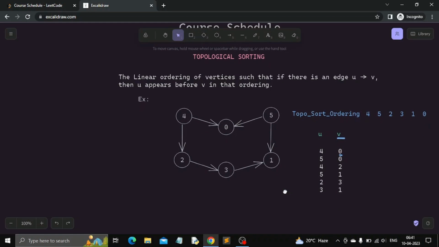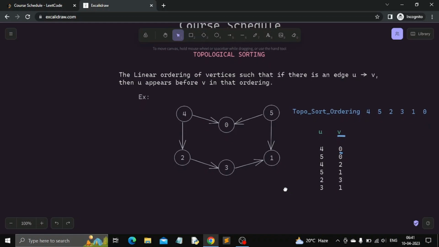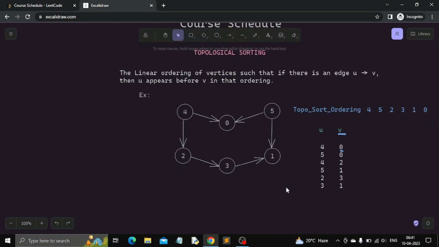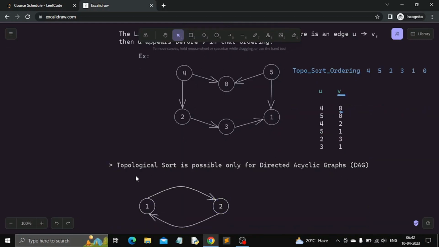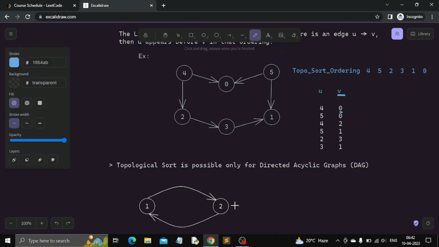Okay, there is an important point about topological sorting that you must remember. Topological sort is possible only for directed acyclic graphs. So let us consider this directed cyclic graph. Now we have an edge directed from node 1 to node 2, and we have a directed edge from node 2 to node 1.